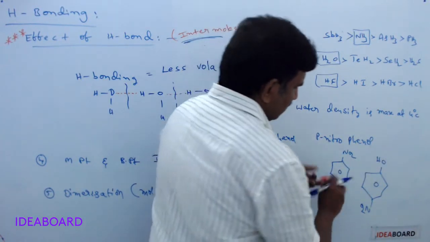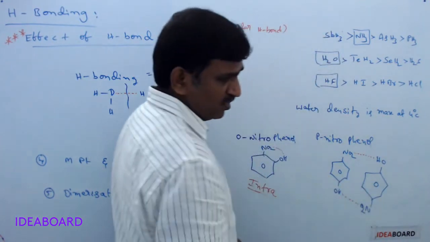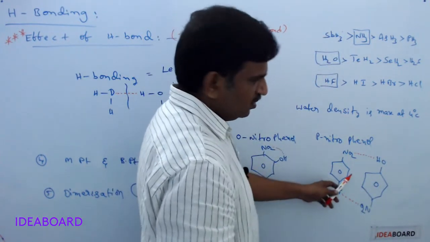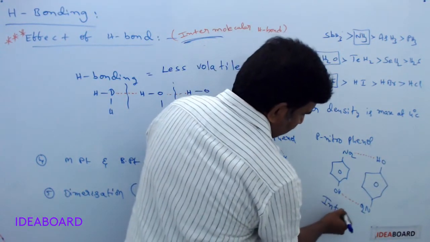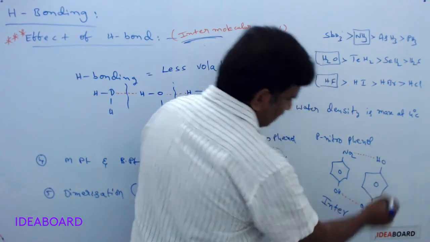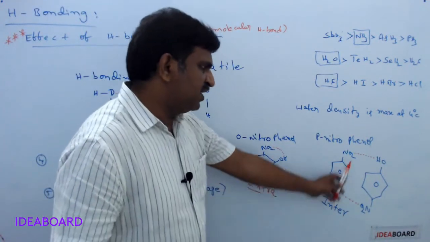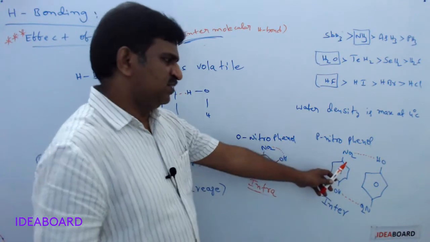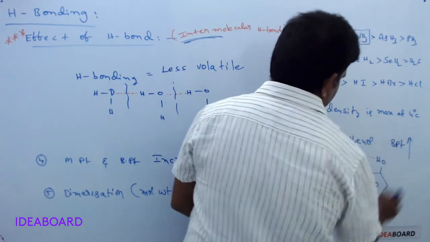Between these two there is a hydrogen bond. This is one molecule, this is another molecule. Between two different molecules, that is called intermolecular hydrogen bonding, and if present, the boiling point increases.